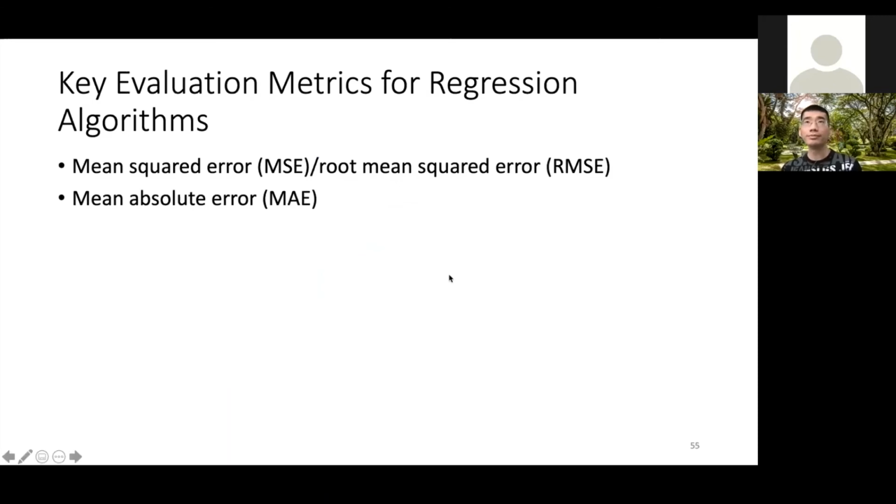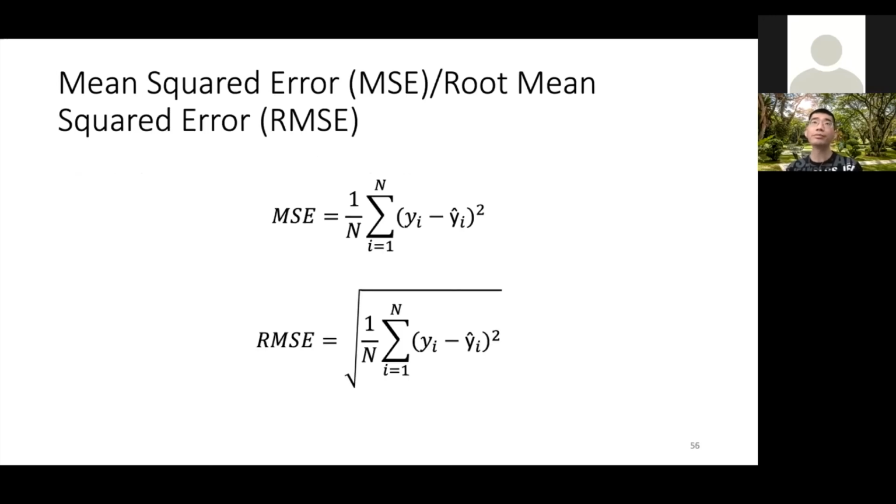So now we have discussed some key evaluation metrics for classification algorithms. Next, let's briefly discuss two key evaluation metrics for regression algorithms. The first ones are mean square error, or MSE, and root mean square error, or RMSE. MSE is an absolute measure of the goodness of fit.